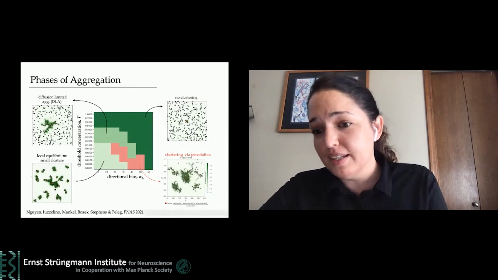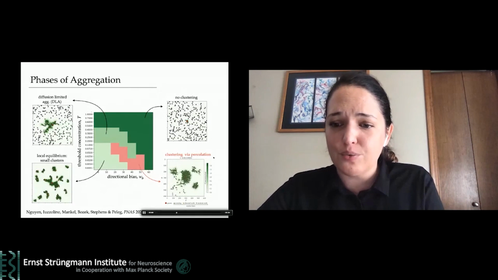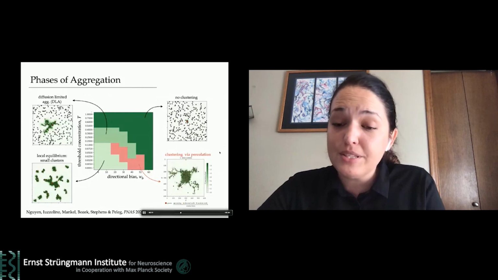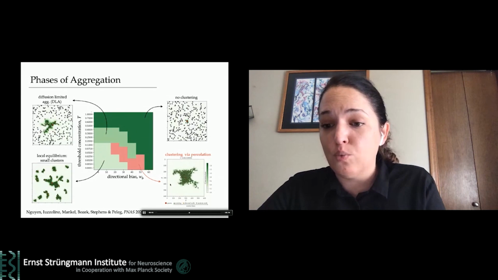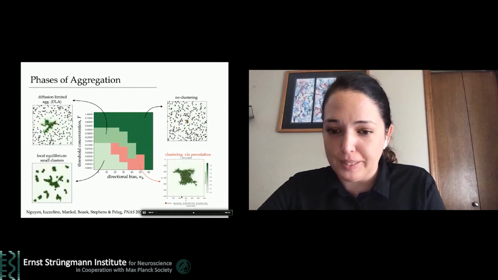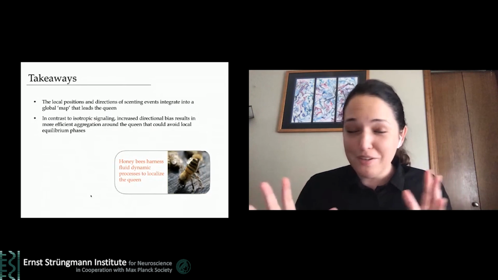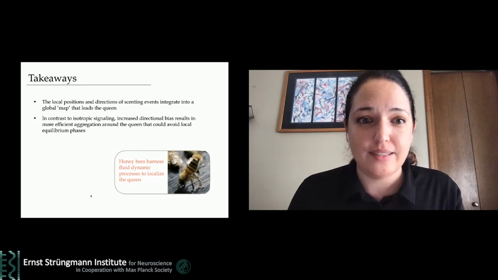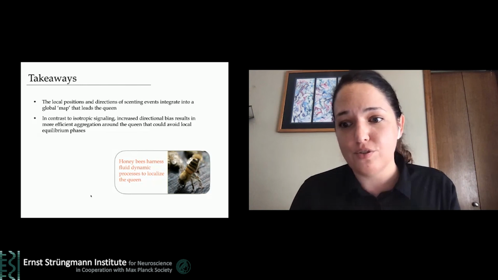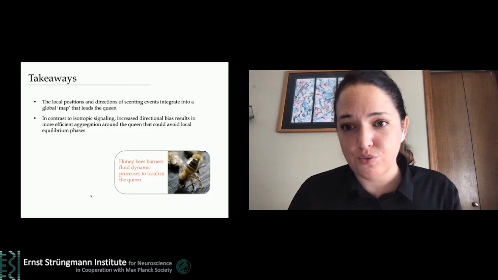So the information is propagating throughout the entire system, and the bees are actually able to reach one large cluster around the queen. Okay, so the takeaway from that last example that I hope I was able to show is that the local position and directions of the scenting events integrate into a global map that leads the bees to the queen.